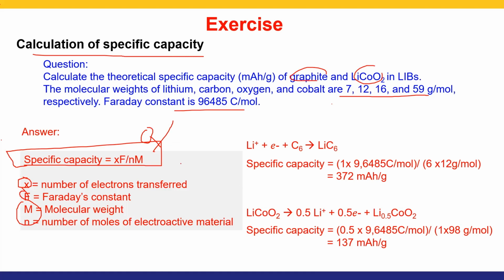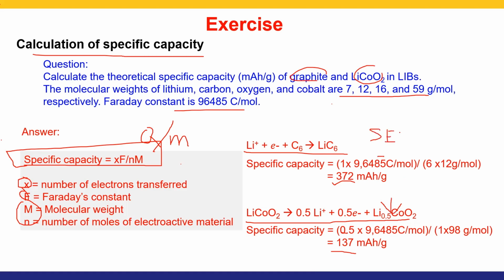So in other words, n times M, you can get the mass of a material. By writing down the charging process of the lithium-ion battery and plugging in the numbers, we can get the specific capacity of graphite and the specific capacity of lithium cobalt oxide, which is straightforward. In reality, those values could be lower because of some side reactions, for example, the formation of SEI, which we will cover later as well.